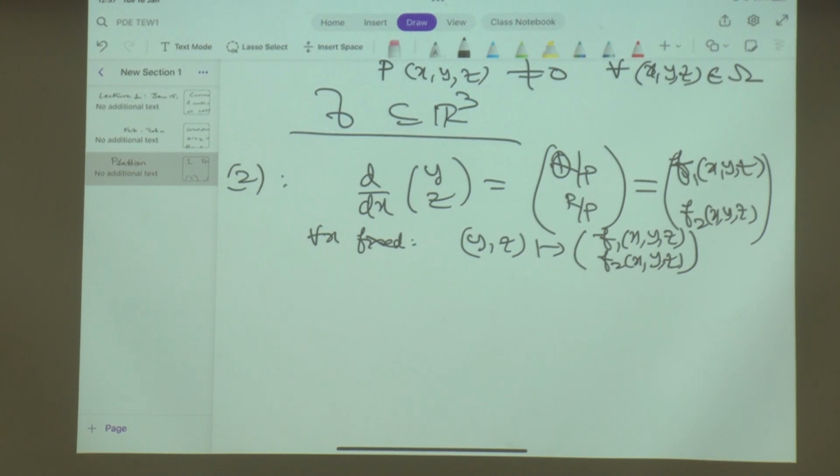Here the function of two variables. So we have a mean value theorem in the inequality form that will give you that if derivatives are bounded, you get things are Lipschitz. So this is a Lipschitz function. Normally we say local Lipschitz because the same constant may not work for every yz in the domain.